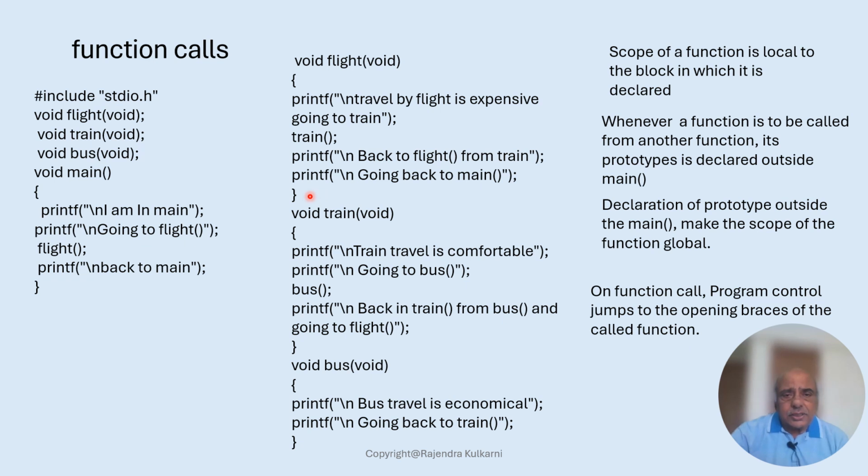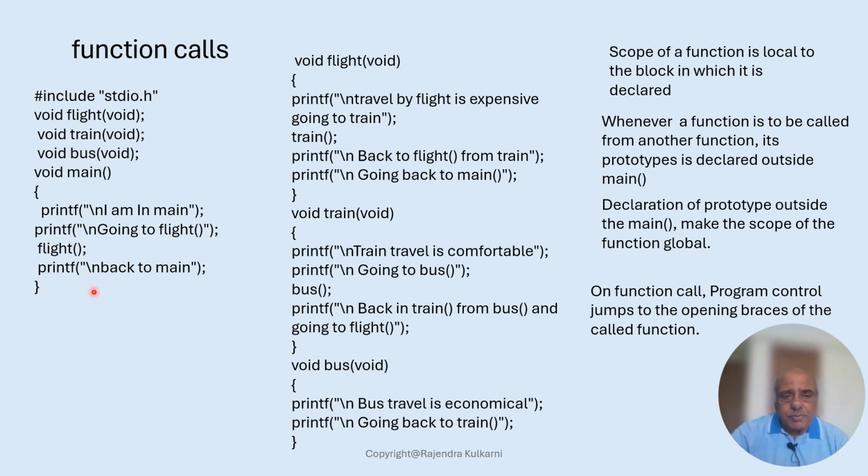When it reaches the closing brace, it should return to the calling function from where the call to flight has been made. In this program, the program control will now jump to the statements following the call to the flight function in main, and it will execute the back to main statement.